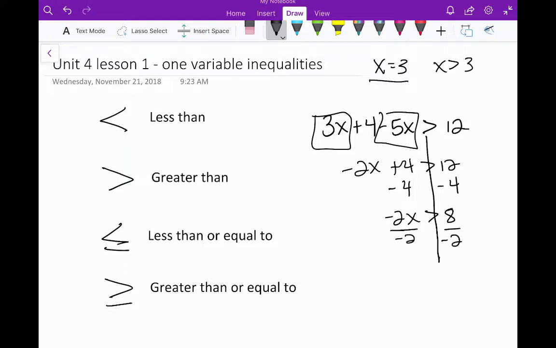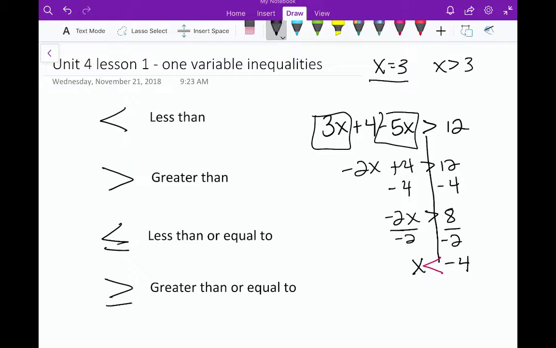Now this is the main difference between equations and inequalities when you're solving. What I just did was I divided by a negative 2. Because I divided by a negative, this inequality symbol will flip. And now it becomes a less than. 8 divided by negative 2 is negative 4. So x is actually less than negative 4.